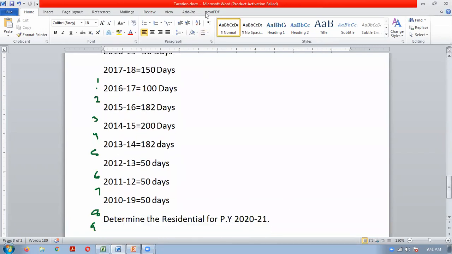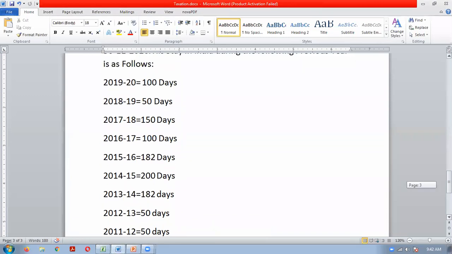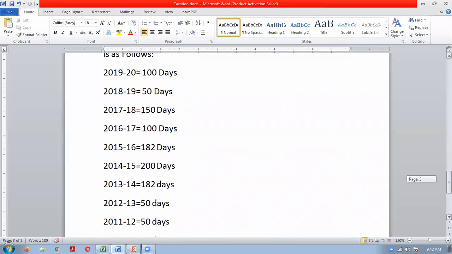This is known as the preceding previous year data. So 10-year data is given, and all of this will be your preceding previous years. The relevant previous year is 2021, for which we will determine the residential status of XYZ. All other previous years will become the preceding previous years.